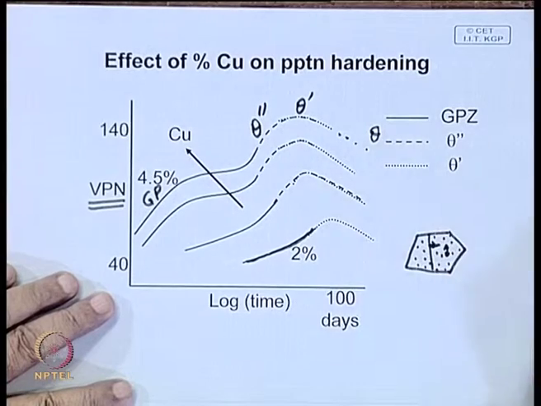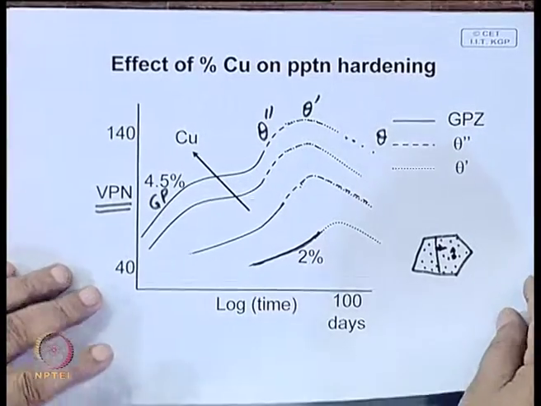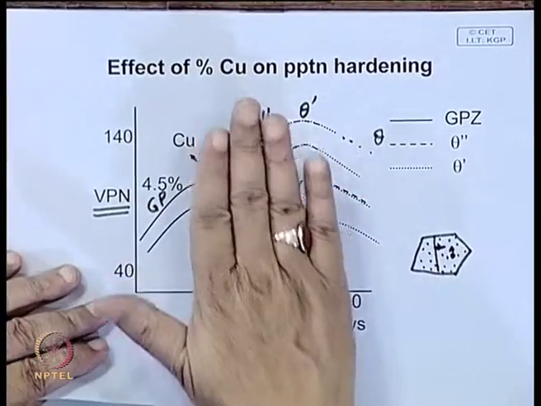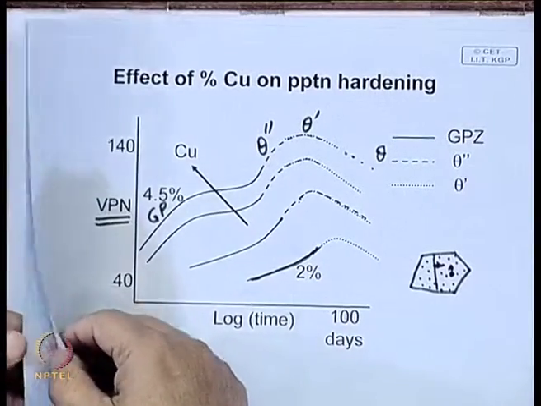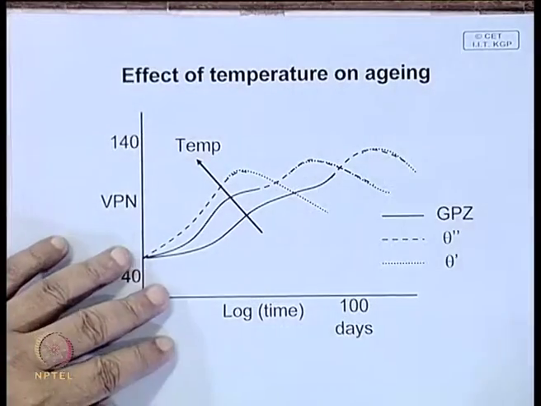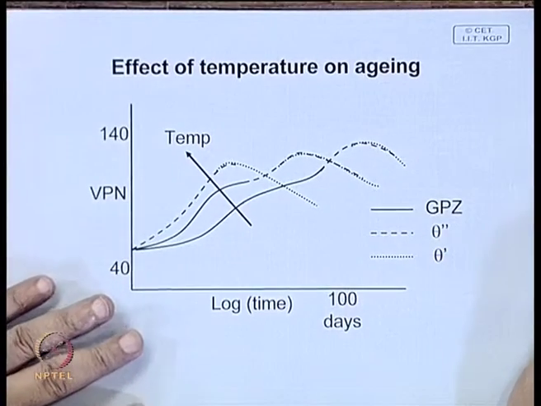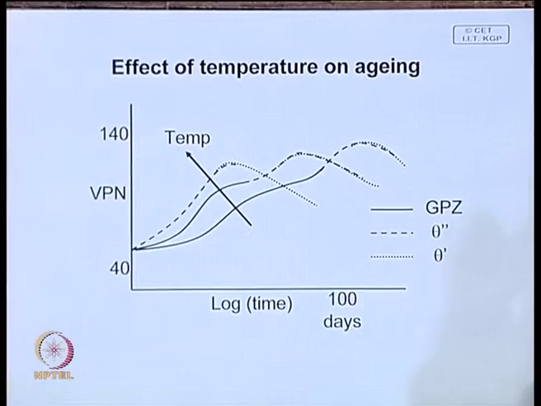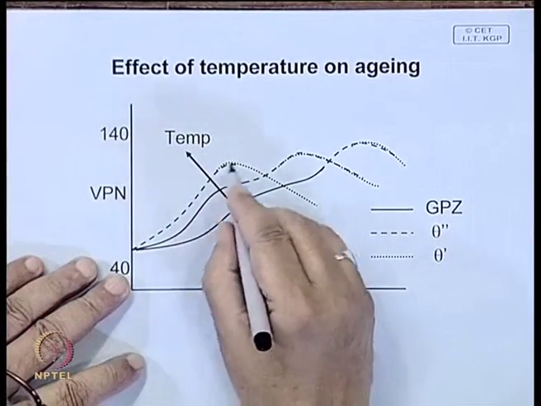So, that will provide a more effective barrier to dislocation movement. So, the extent of hardening will depend on the chemical composition, the alloy content, as well as the time of aging. It will also depend on the temperature of aging.